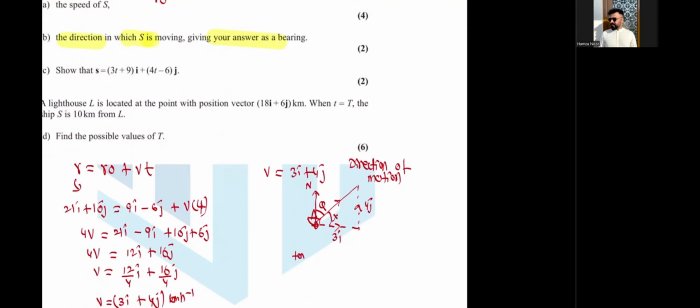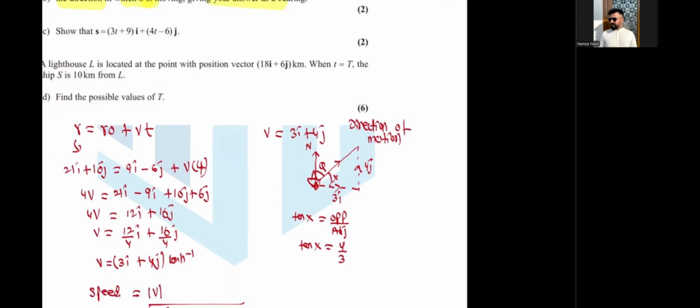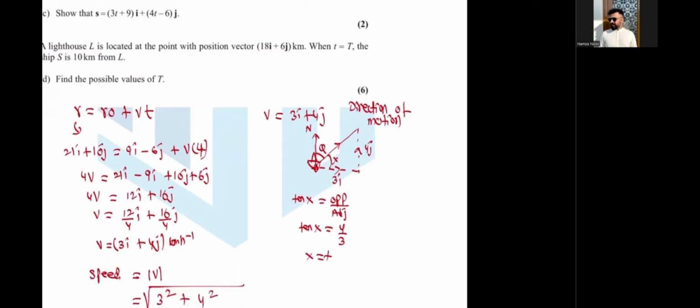We use the ratio tan theta equals opposite over adjacent. Specifically, this angle with the horizontal is x, so tan x is equal to 4 over 3. So this angle x will be equal to tan inverse 4 over 3.